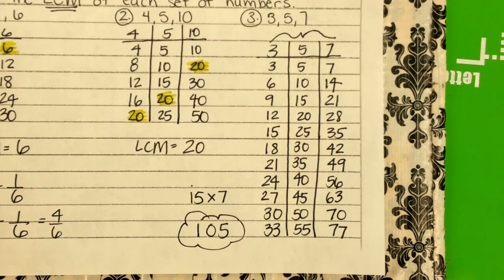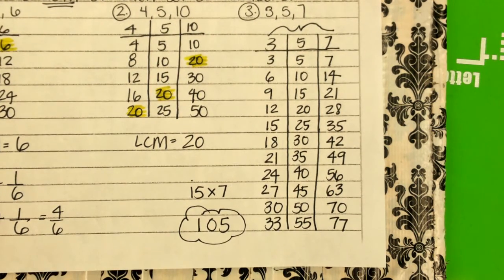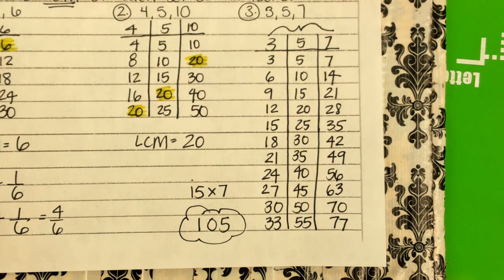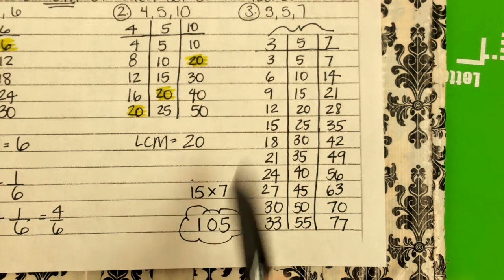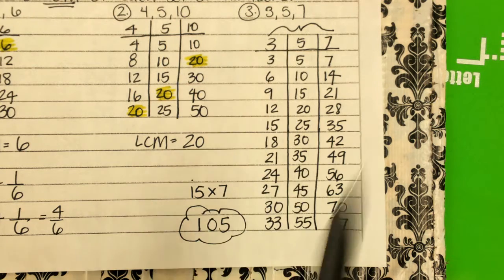Listen to me carefully. If we were to continue going, we would have to get every one of these rows to 105. If you've listed this many numbers and you haven't come across one yet, multiply them together and see if that gets you to something, okay? There's not a number smaller that 3, 5, and 7 will all go into.